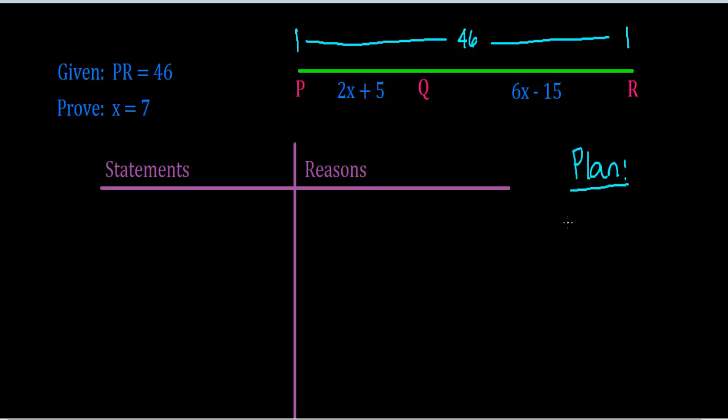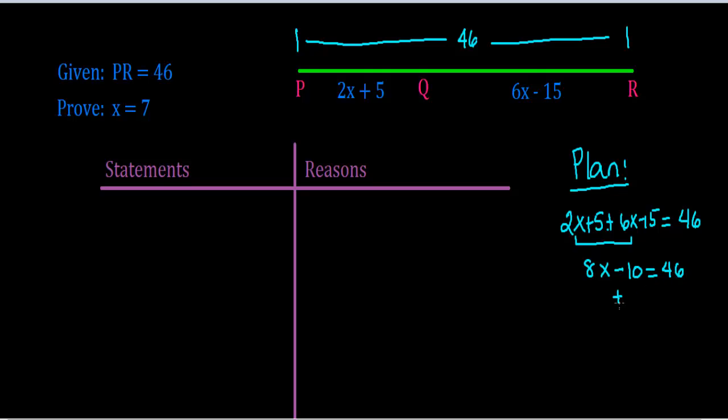So let's see. I can write that 2x plus 5 plus 6x minus 15 is equal to 46. How do I solve this? I combine like terms. 2x plus 6x, that makes 8x, and 5 minus 15, that makes minus 10, equal 46.